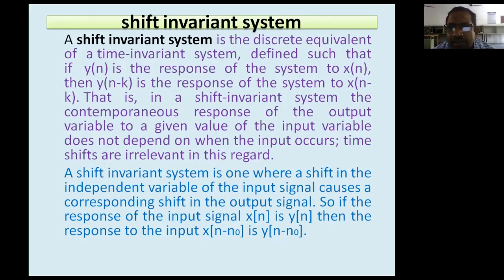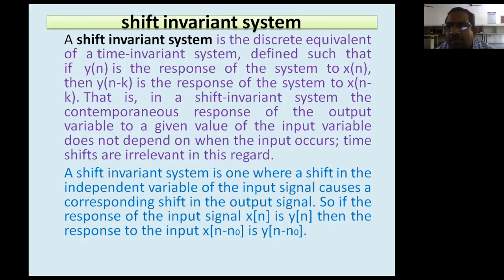So when a shift in the time domain comes across in the input, it doesn't matter which time instance the shift happens at in the input signal; the same amount of shift you're going to find at the output signal. So the system is simply called a shift invariance system. It is also kind of a time invariant system. Irrespective of the existence of time, it is going to give you the output. That means the output simply depends.